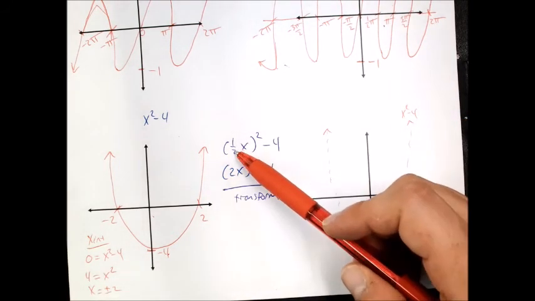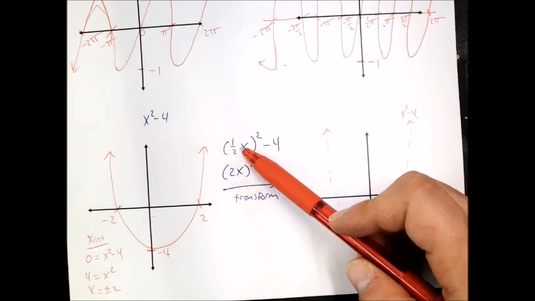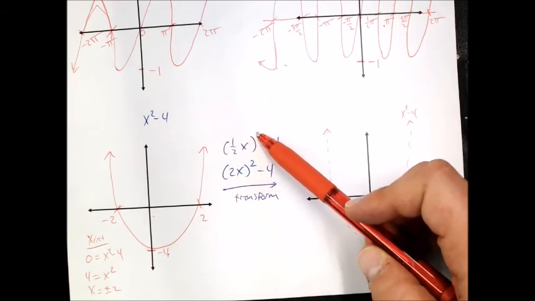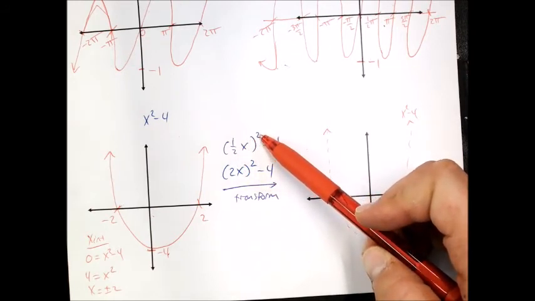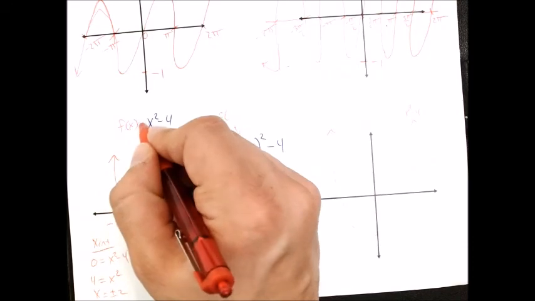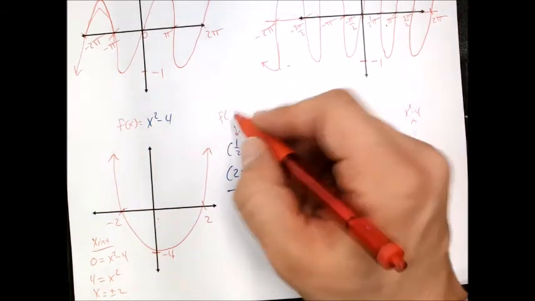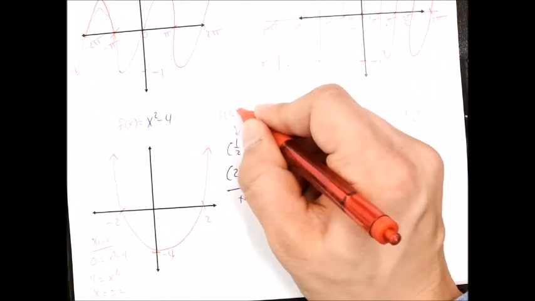We're multiplying. First of all, notice how this is inside the function, because the 1/2 is multiplying the x, inside of the x squared. If f of x is x squared minus 4, then 1/2 x squared minus 4 is f of 1/2 x.